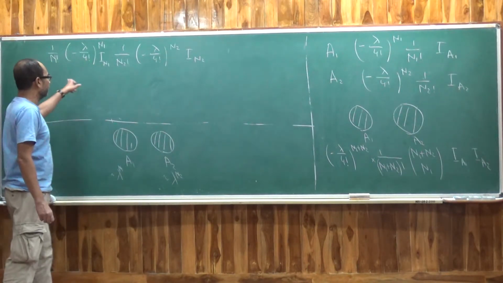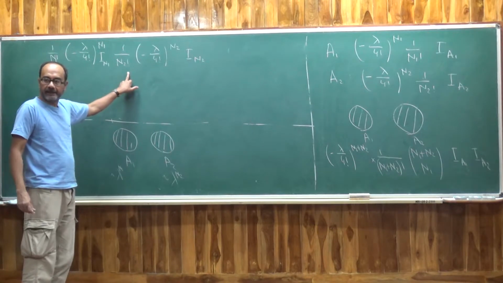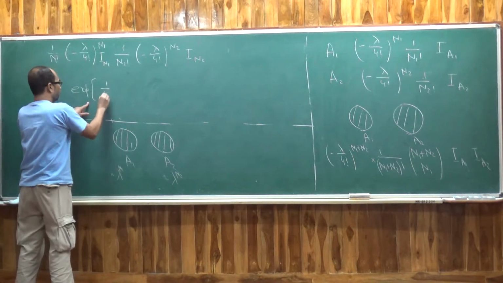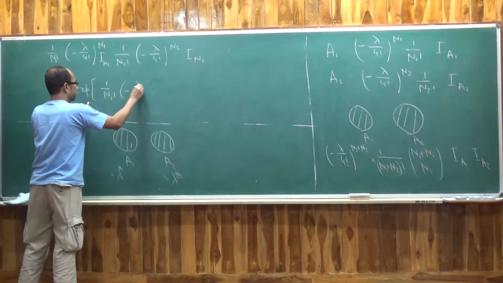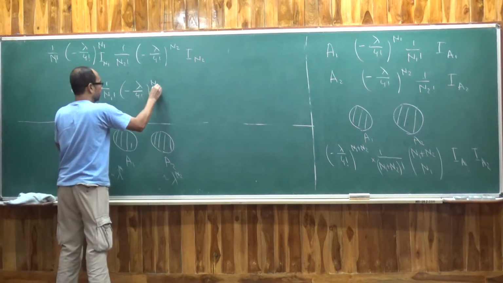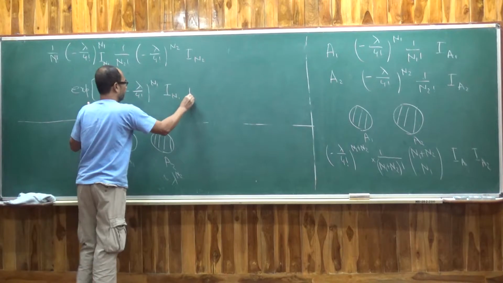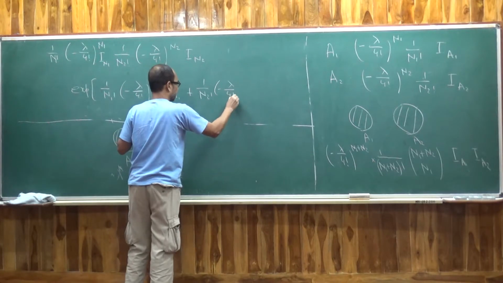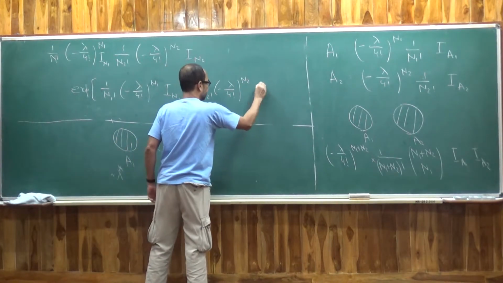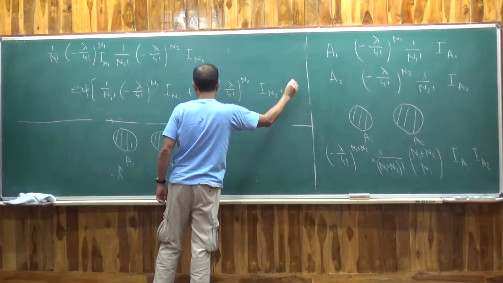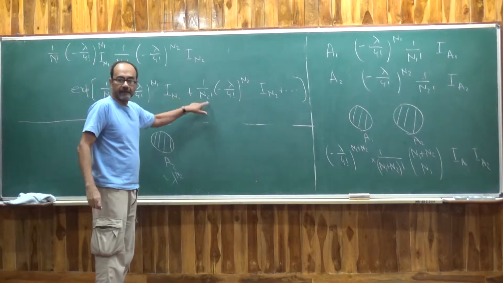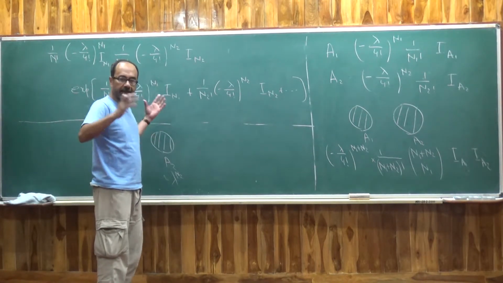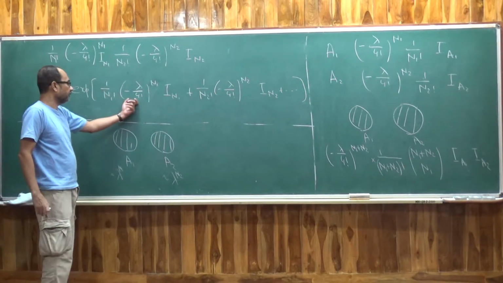And now you can see that this is exactly what would appear in the exponential, if the exponential had a term 1 over n1 factorial, minus lambda over 4 factorial to the power n1, times I n1, plus 1 over n2 factorial, minus lambda over 4 factorial to the power n2, times I n2, plus and so on. These are two of the connected diagrams, connected bubbles. A1 and A2 we had assumed are connected bubbles. So if we expand this exponent, one of the terms will come from just a product of this and this.